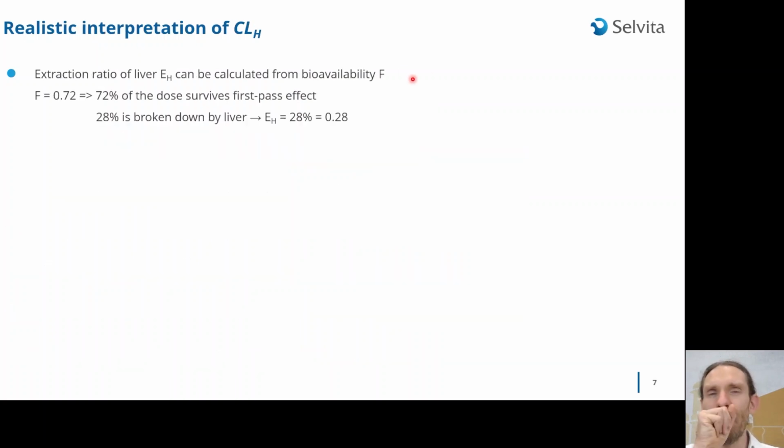For the purpose of this calculation, we need to take the bioavailability, which, as you may remember, was 72%. From the equation introduced in the previous presentation, we can calculate the hepatic extraction ratio, which is 100% minus 72, which gives us 0.28, the hepatic extraction ratio.